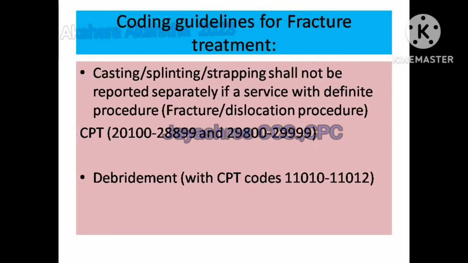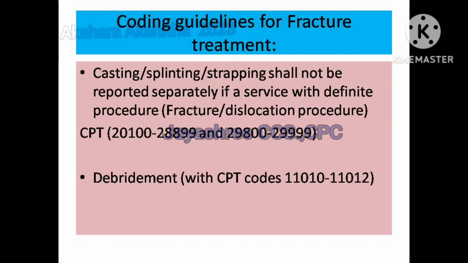If it is the same anatomical area, we should not code this casting 29 series CPT code along with the main procedure codes. Okay. So what are the main procedure codes? CPT range 20100 to 68899. From this range, we cannot code 29800 to 29999.